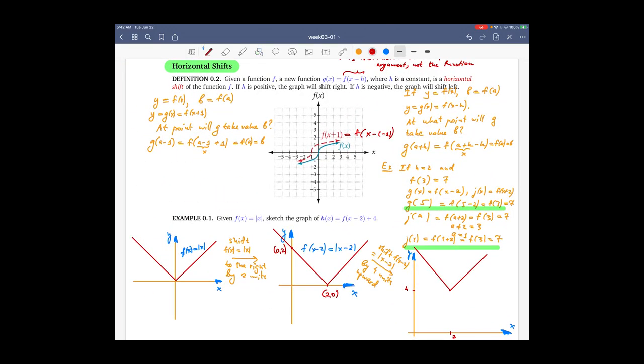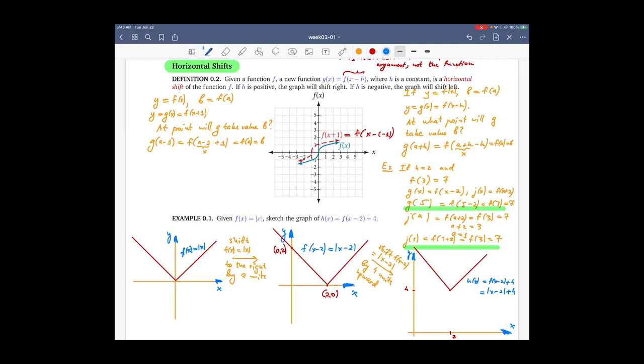This time, this is the graph of h, which is f at x minus 2 plus 4, which is absolute value of x minus 2 plus 4. And this finishes the graph. This finishes the example.